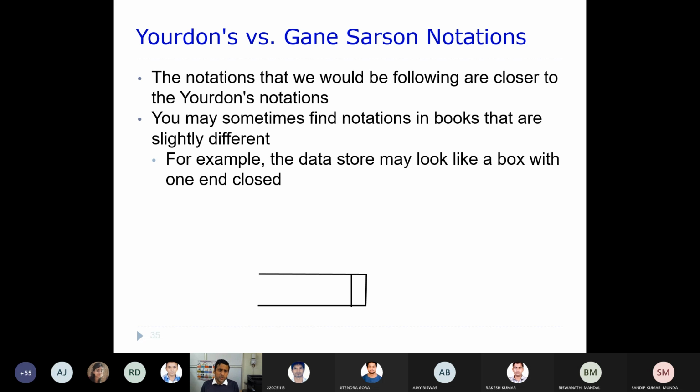As per Jordan's and Sarson's notation, they represent a data store like this: two parallel lines and two closed vertical lines at the end. So this is also going to represent your data store using this particular notation. If you are going to use Jordan's and Sarson's notation, then they might be using this. This is the way that you need to understand.